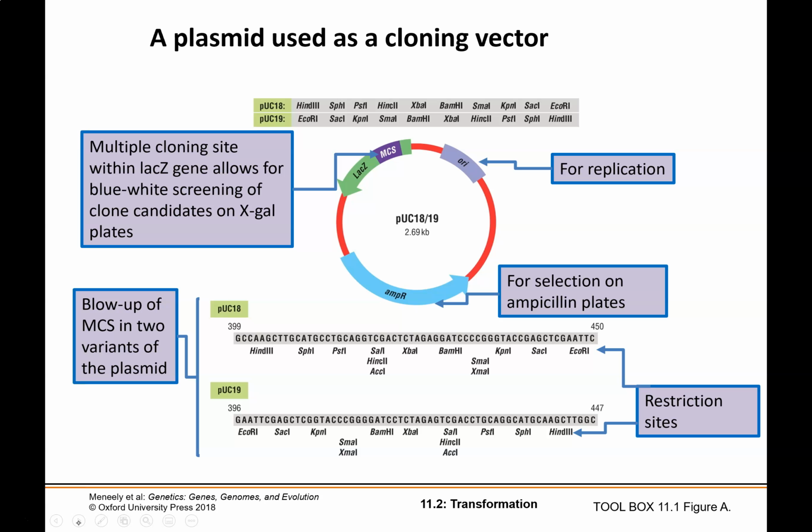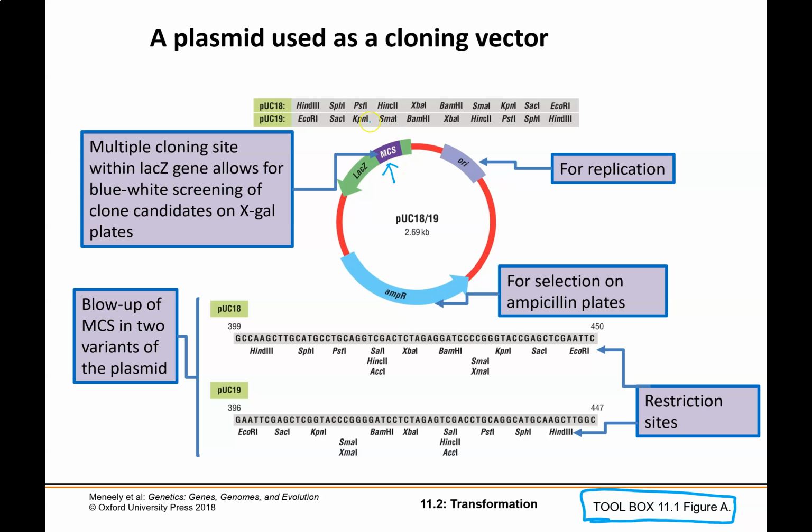So I mentioned LAC-Z gene. There's actually a box in your textbook, box 11.1, that talks about using this LAC-Z gene for blue-white screening. So basically, in this image here, we are introducing a particular gene over here at what we call the multiple cloning site.